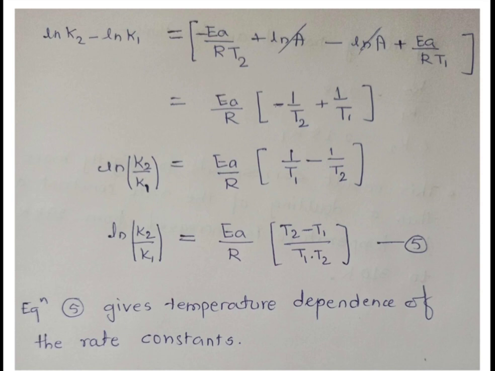This is our equation number 5, and it is useful to solve problems to find the rate constants K2 and K1, or to find the energy of activation of the reaction when you know the rate constants. So equation 5 gives the temperature dependence of the rate constants.